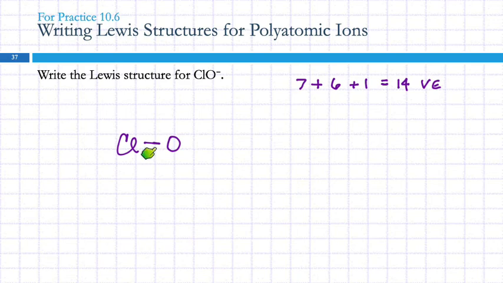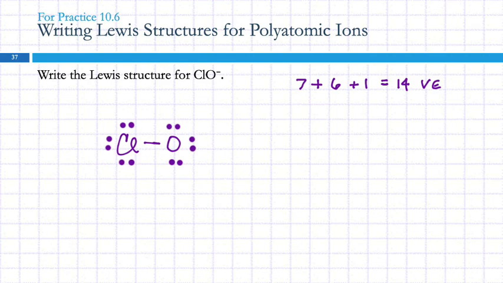So starting here, this is 2, 4, 6, 8, 10, 12, 14. Everybody's got an octet. I didn't have to make any double bonds.